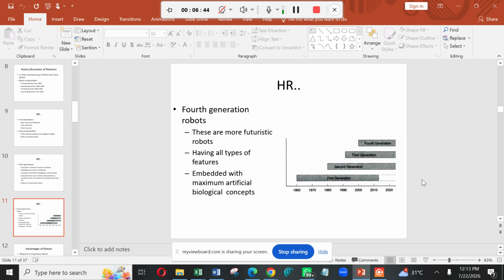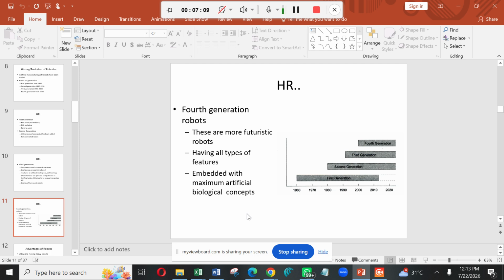That is very, very important. This biological concept means artificial neural networks. You might have heard about it, ANN. So the robot can think like a human and behave like a human. That comes in the fourth generation.